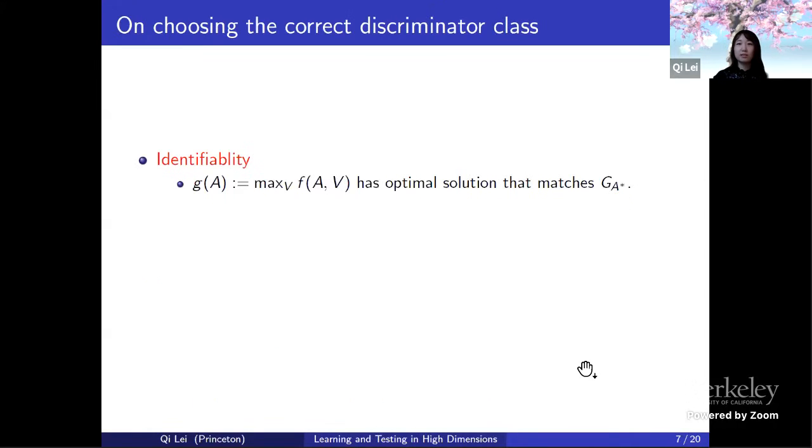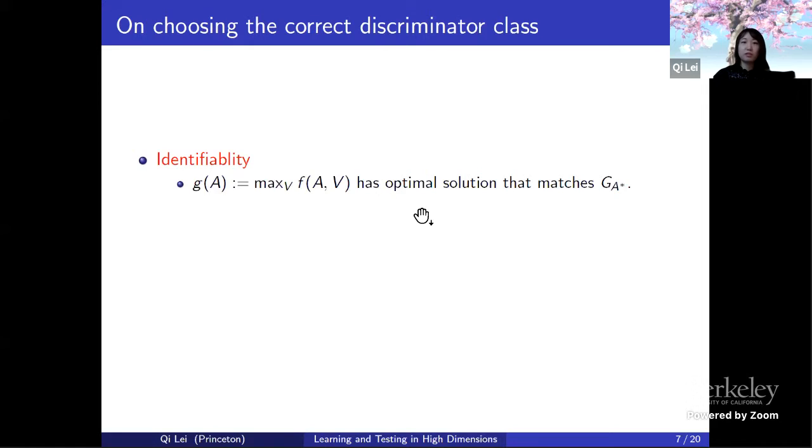Actually, the choice of the discriminator class should attain a subtle balance between different properties. First, it should have enough identifiability power, meaning that it should be large enough so that the maximum over all the discriminator functions will have an optimal solution that matches your target distribution.